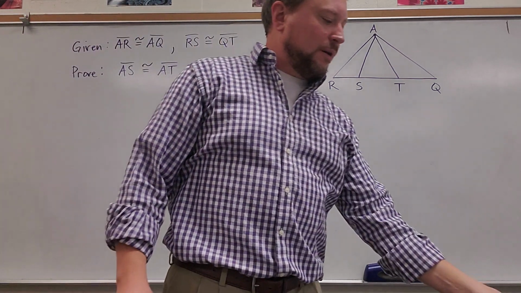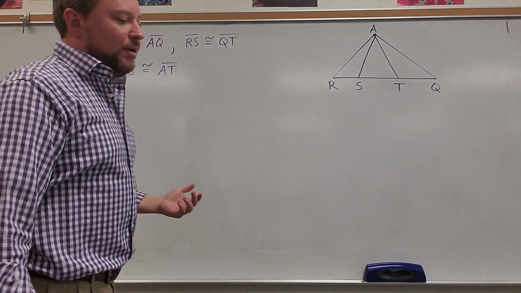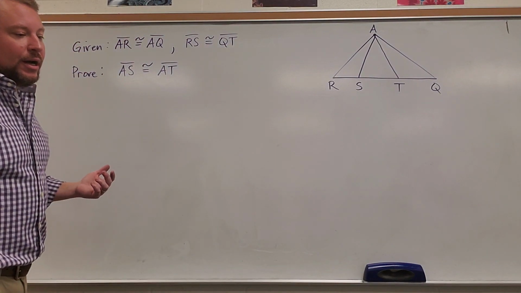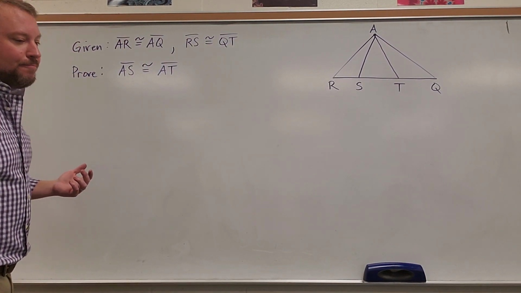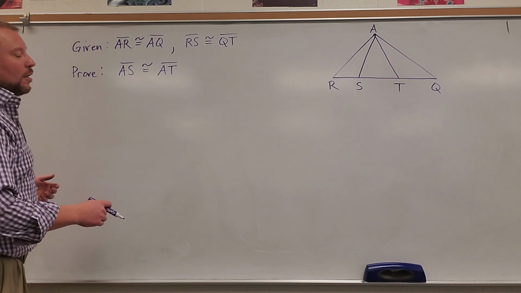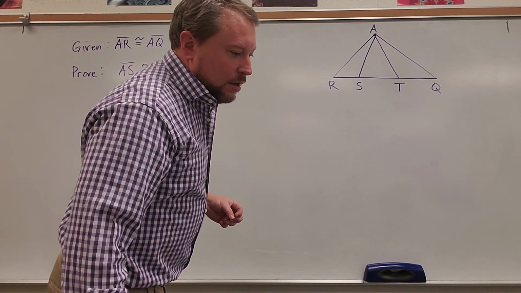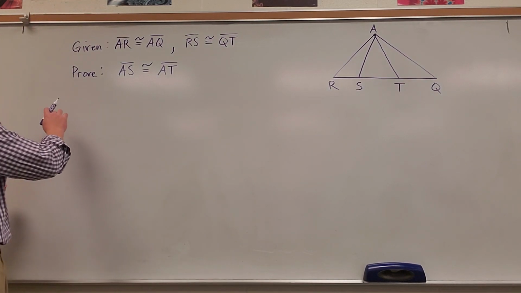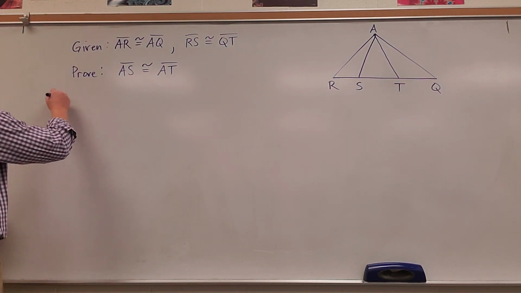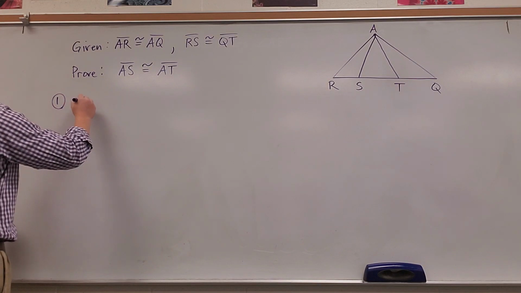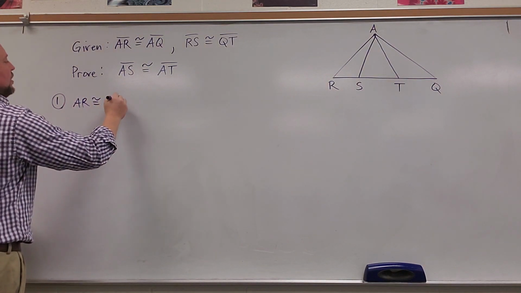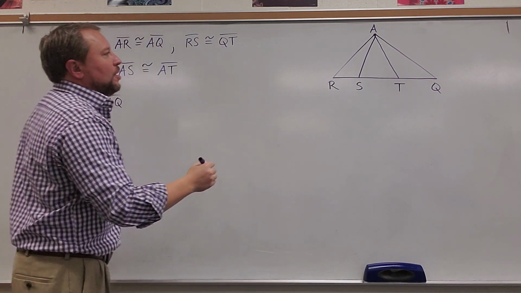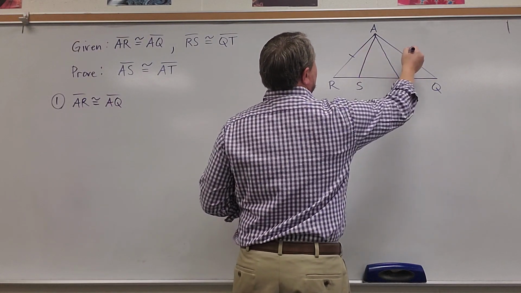Now, on this problem, for my first step, of course, I'm going to copy down what I was given. Okay, on this one, I know AR is equal to AQ. I'm going to mark it in my picture as well.